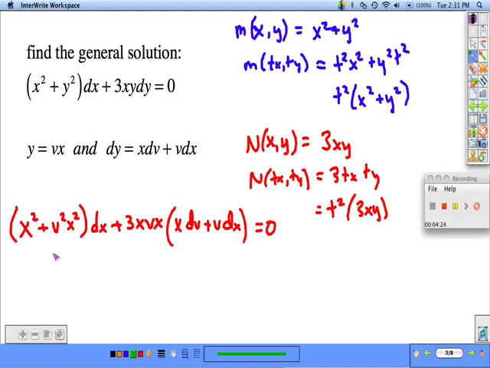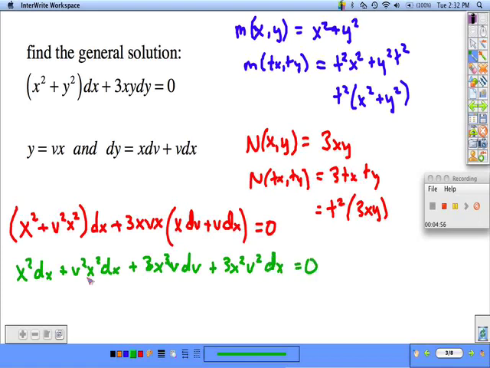And now we're going to go through and we're going to simplify and separate our variables. Since this was a homogeneous differential equation, I'm telling you we will be able to separate these. And then there's actually some like terms here.